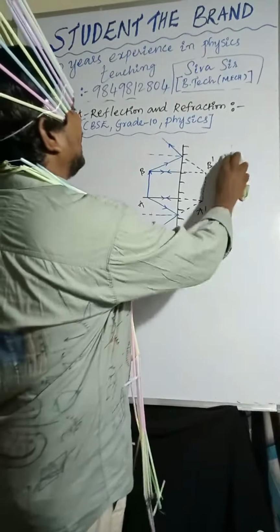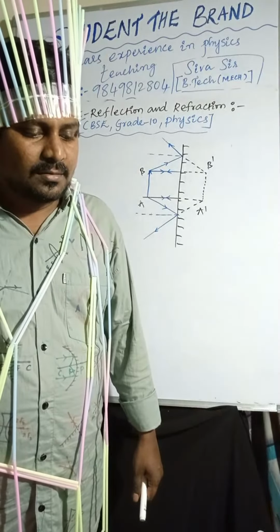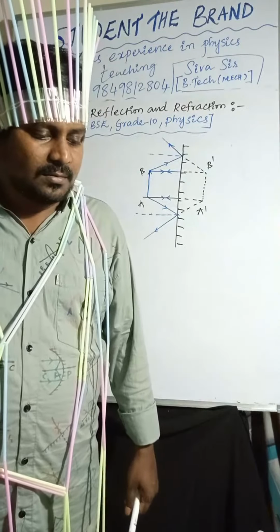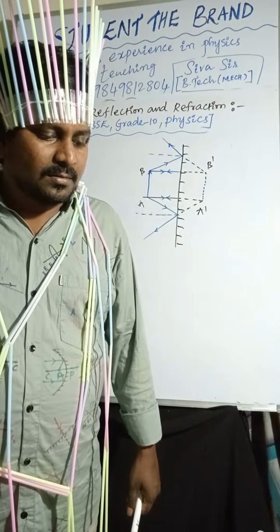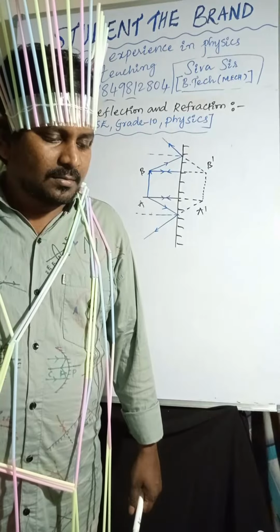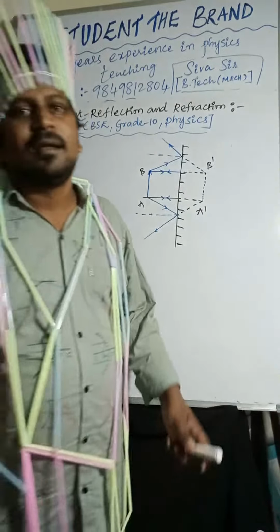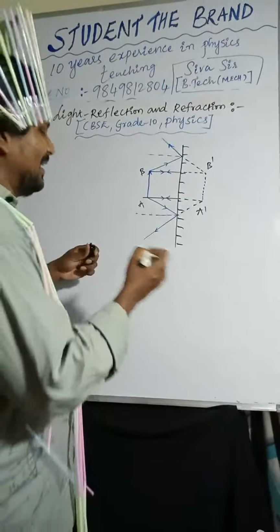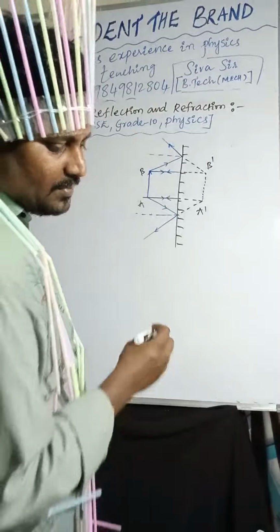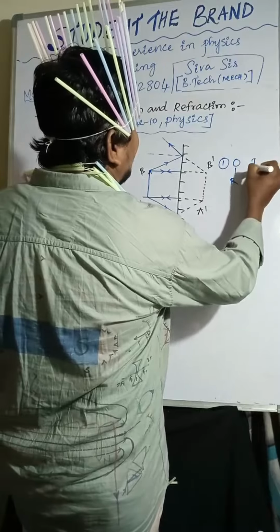Next. Object is real, image is virtual. In this case, I am considering the object to be real. First point: object is real, image is virtual.